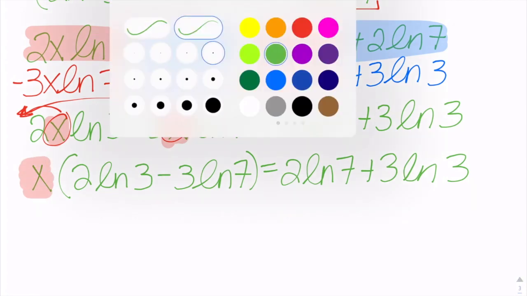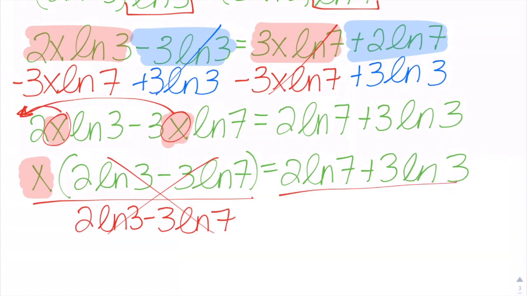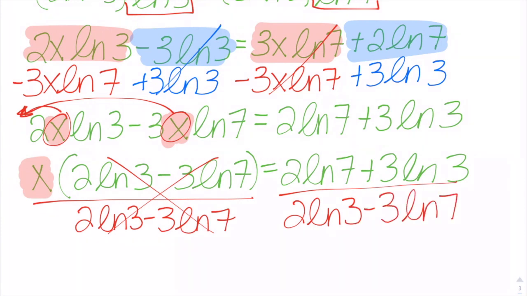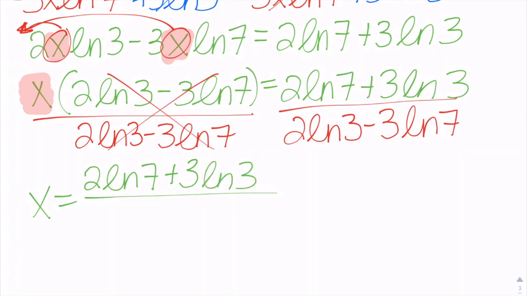So to do that, we're going to divide away this 2 natural log of 3 minus 3 natural log of 7 on each side. And so you end up getting that x equals 2 natural log of 7 plus 3 natural log of 3 divided by 2 natural log of 3 minus 3 natural log of 7.